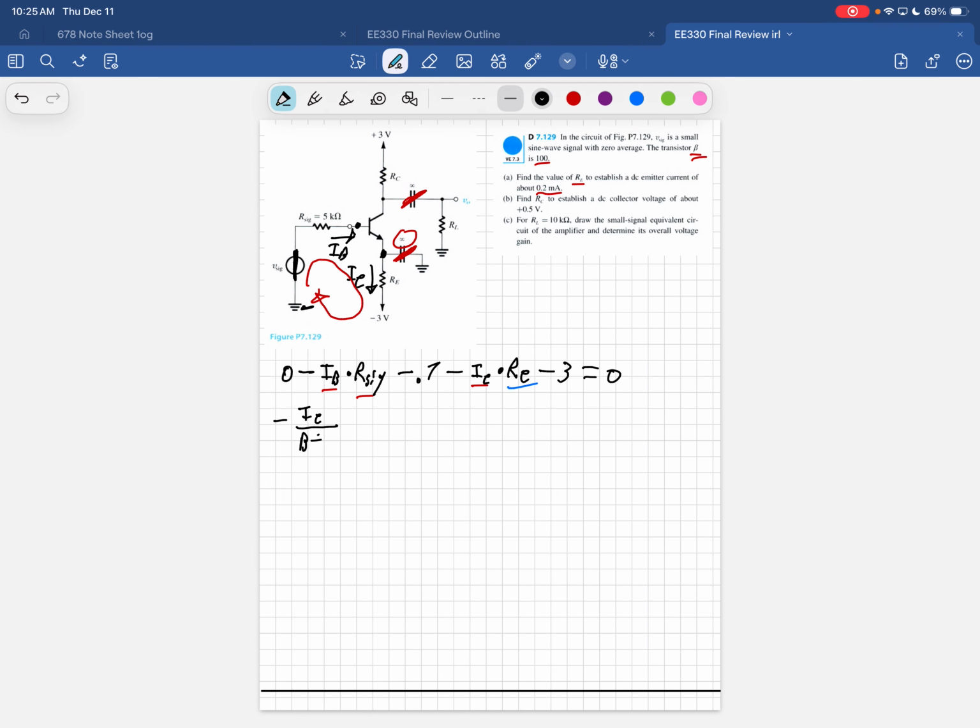No, alpha's like near 1. It's beta divided by beta plus 1. Yeah, so basically going off of what he said, your IE over beta plus 1 is going to give you your equation for IB.